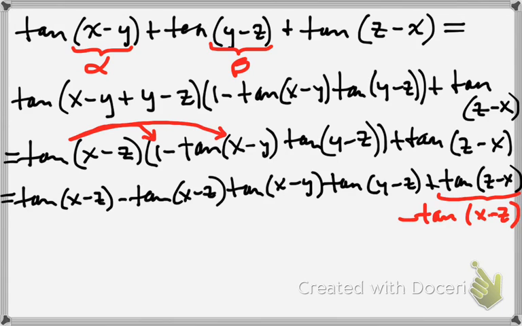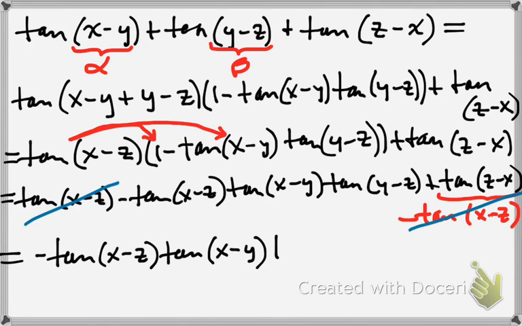And the reason I'm going to do that is because now that first term and the last term, they now cancel with each other. So you had to remember that tangent is an odd function, so you can rewrite it using that one identity. And now what I'm left with is negative tangent of x minus z, tangent of x minus y, tangent of y minus z.